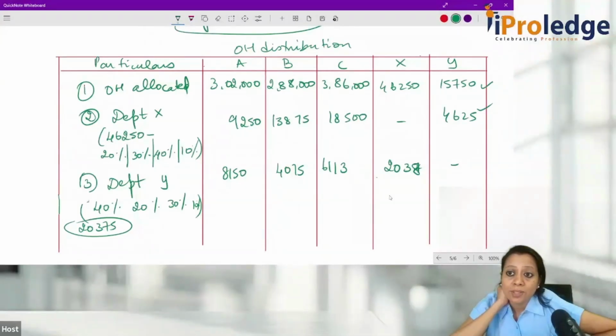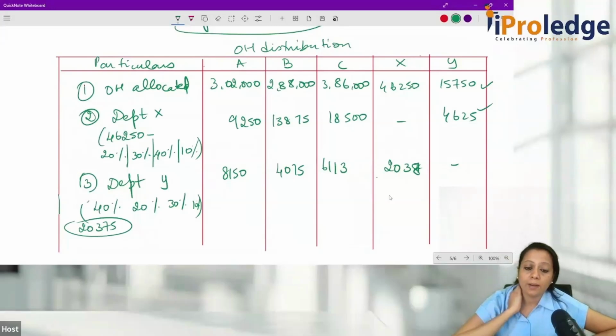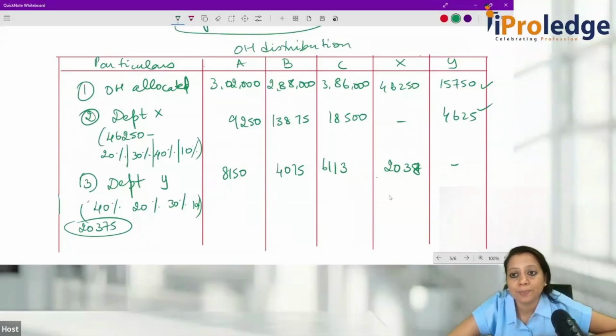No, that is repeated distribution. It should be the same amount we should be getting.